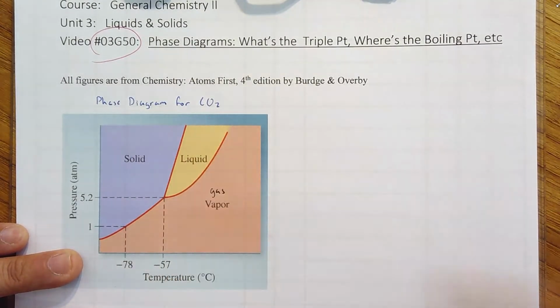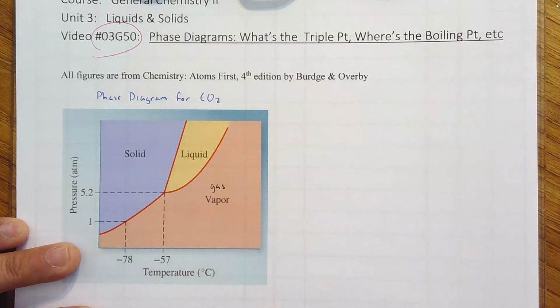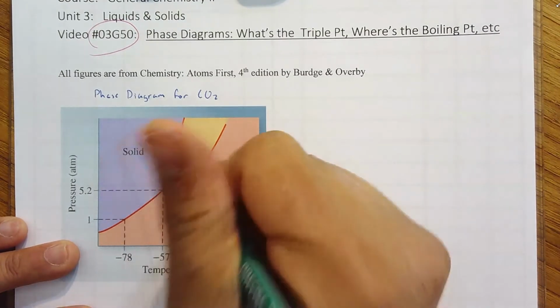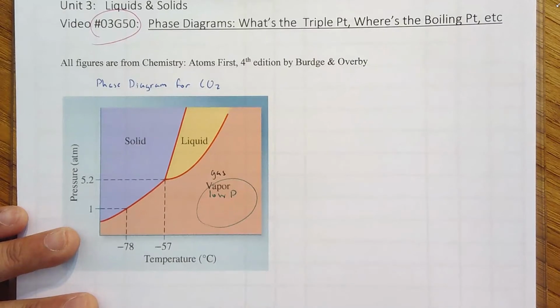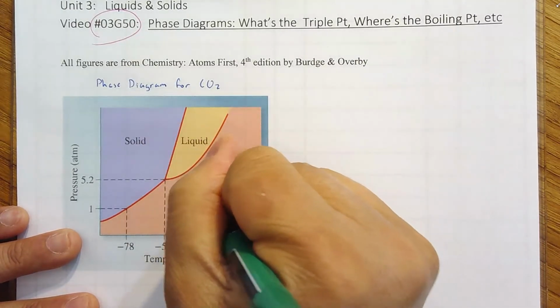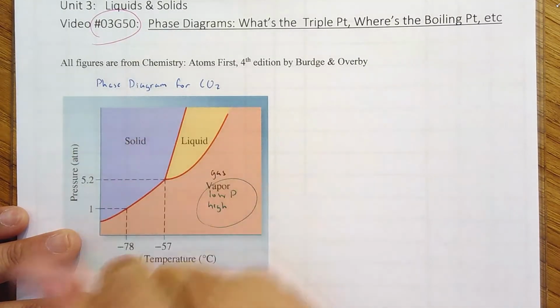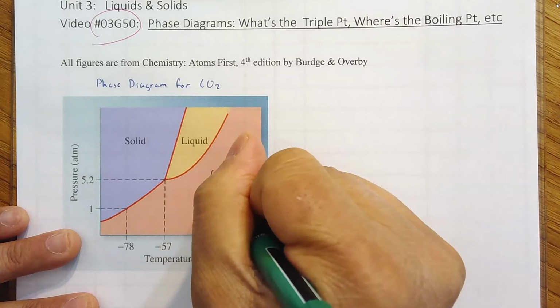Does it make sense that vapor is in the bottom right? If we look at this region right here, we have low pressure, low P, and higher temperature relative to the other phases.